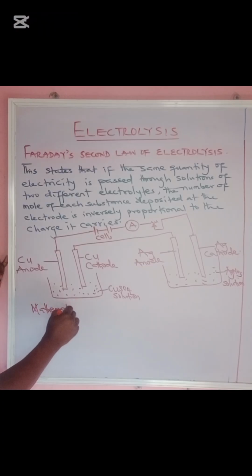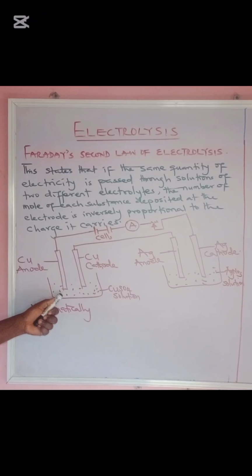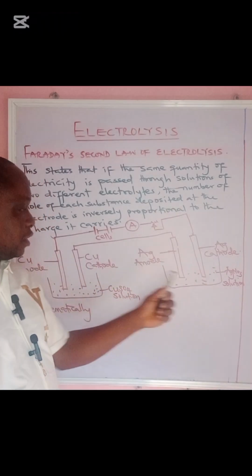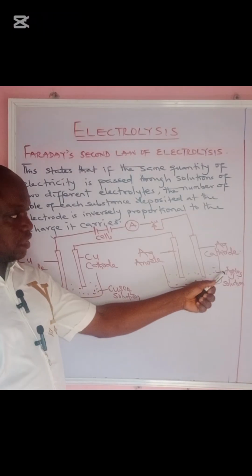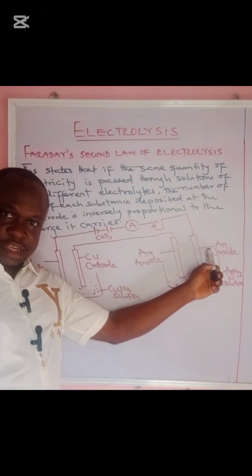Mathematically, you know, copper will be deposited on the cathode, while silver will be deposited at the cathode here. That's what they are saying.